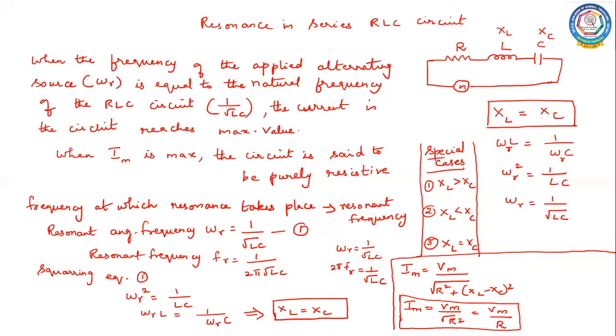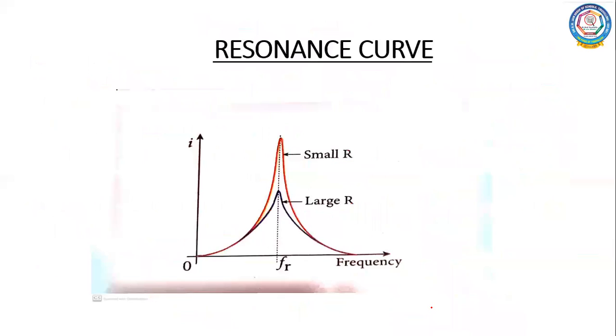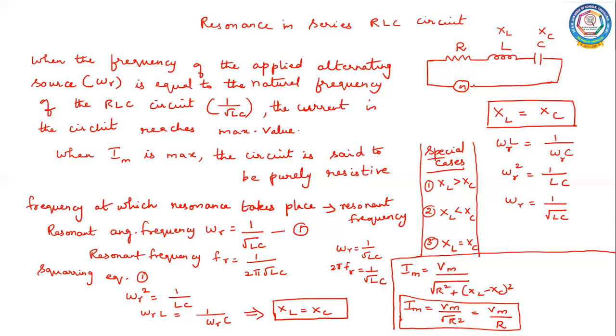Okay, so the maximum current, now here is the graphical representation. Here I take frequency along the x-axis and current along the y-axis. As I told you, the frequency of the applied voltage can be changed, and it can be adjusted in such a way till it reaches the frequency of LC.